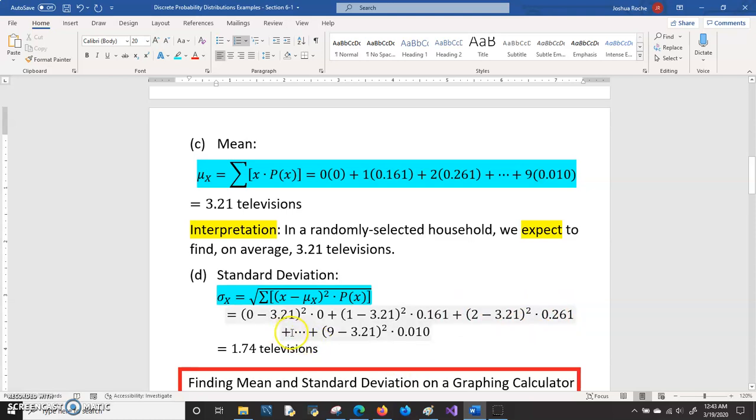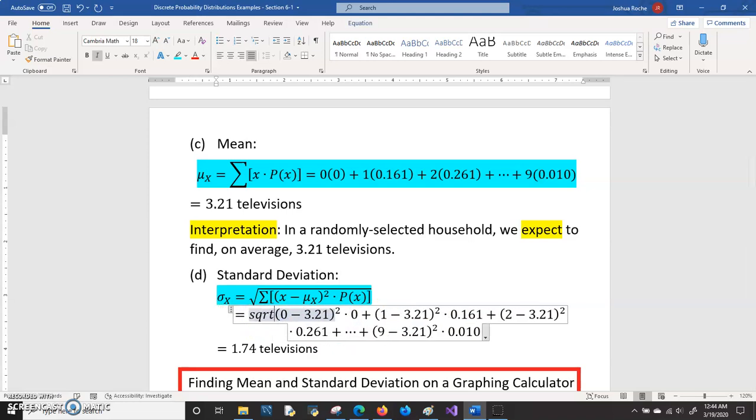You would do that for all of them, all the way until you get to 9. 9 minus the mean, you square that, times its probability. You would take the square root of that whole thing. I didn't write that, I should put square root. But you take the square root of this whole thing, and it comes out to 1.74 televisions.